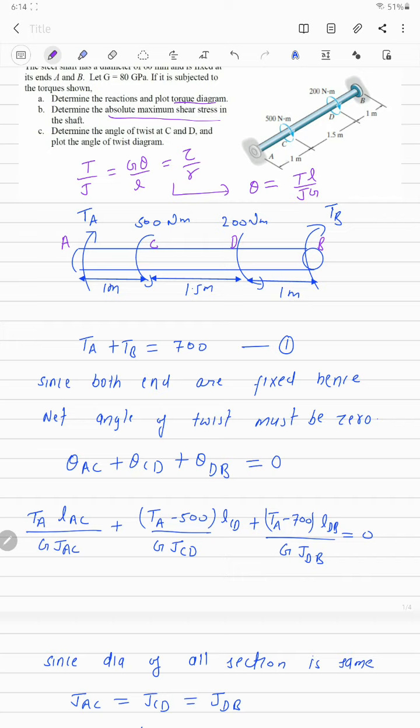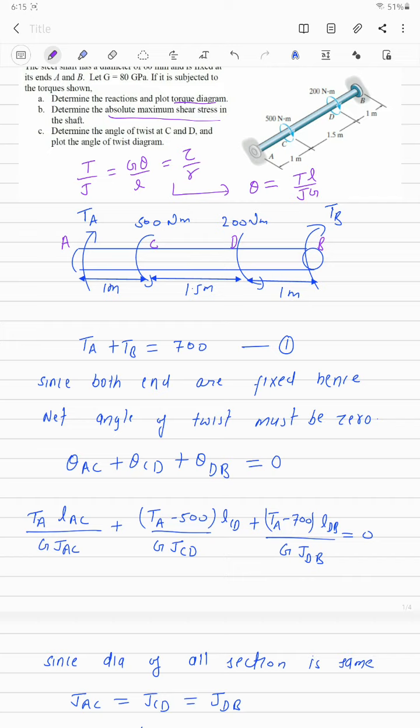Ta LAC by G JAC. Since the diameter of the shaft is the same, the polar moment of inertia J will be the same for all portions: JAC equals JCD equals JDB. G is also the same because the shaft is made of the same material throughout.